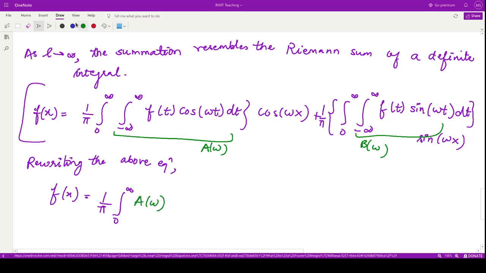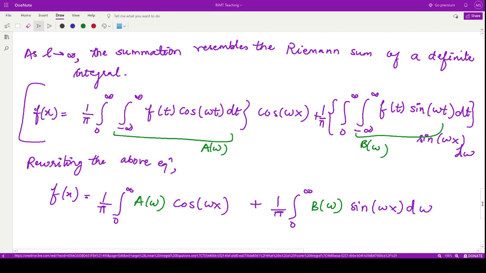So this would be a omega into cos omega x, plus 1 by pi integration 0 to infinity of the term b omega multiplied by sine omega x d omega, right? So this is what you have here.